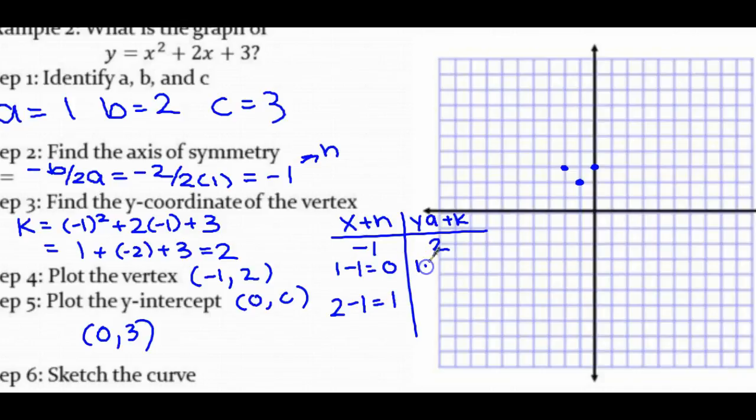And then you go 1 times a, which is 1, plus k, which is 3. This is the same stuff from the chart before. So it'd be 1 plus 3, which is 4. Because A is 1.